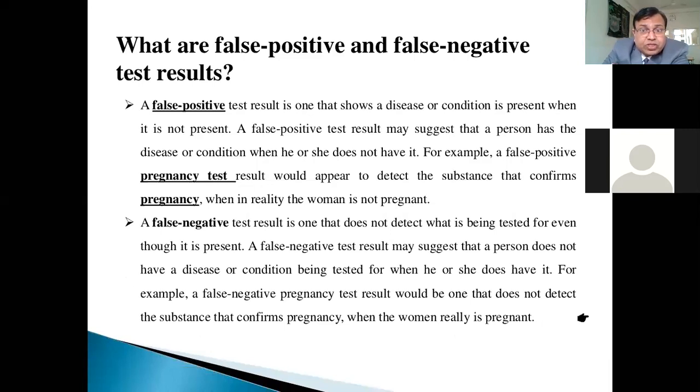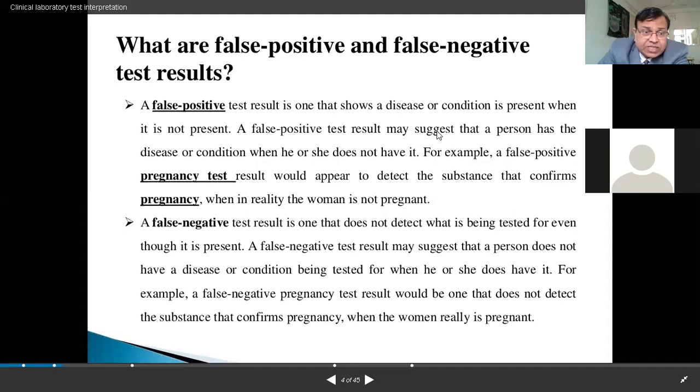What are false positive and false negative tests? I discussed this also in my previous class. A false positive test result is one that shows a disease condition is present when it is not present. A false positive test result may suggest that a person has a disease condition when he or she does not have it, just like a false positive pregnancy test.